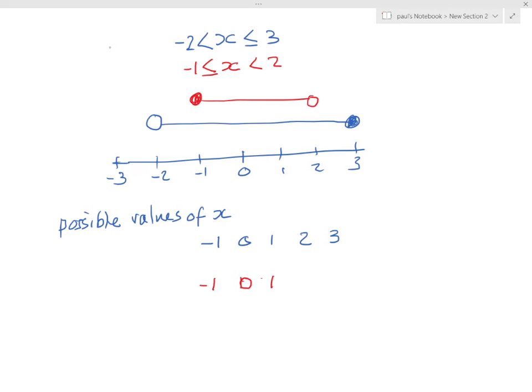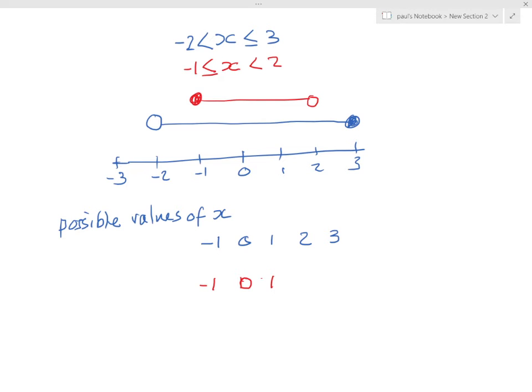So the red one is just going to be these 3. And you might get 2 of these and you have to compare the 2 and say what the difference is. For example, this one includes 2 and 3, whereas they both include -1, 0, and 1.